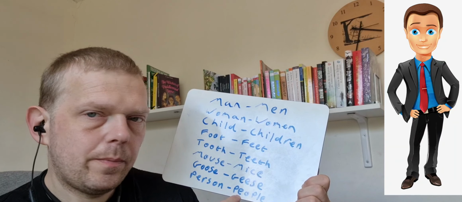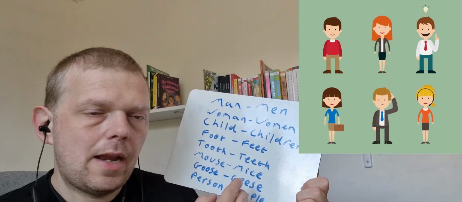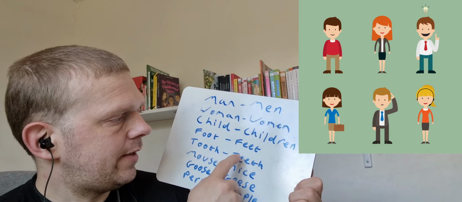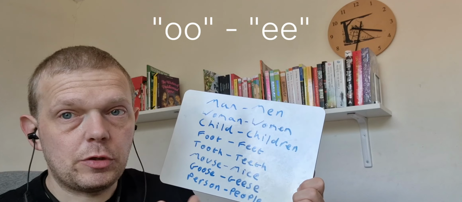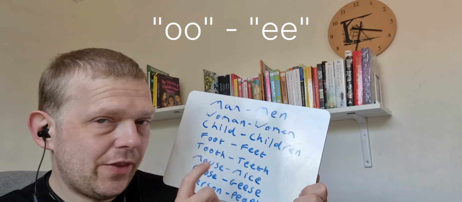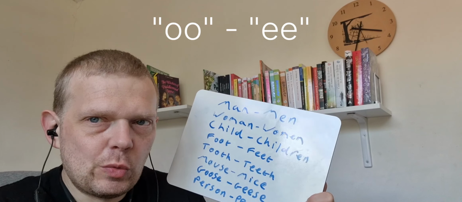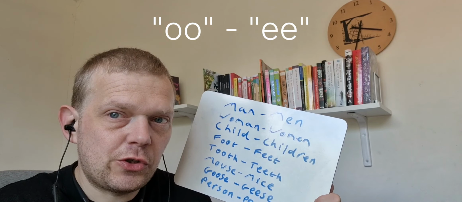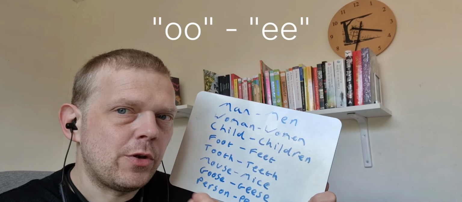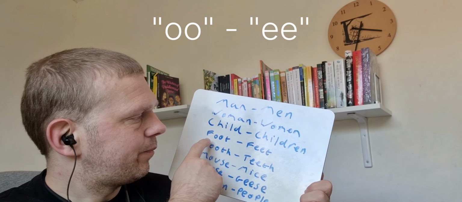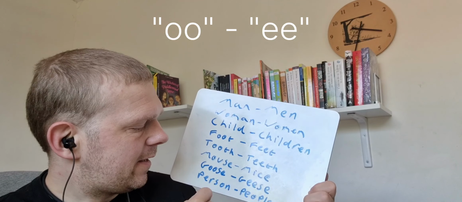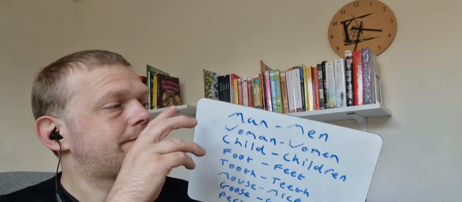Person, people. Now you see on a few of these we have a double E to make it plural. This rule can sometimes work if you're unsure, but not always. So foot, feet, tooth, teeth, goose, geese.